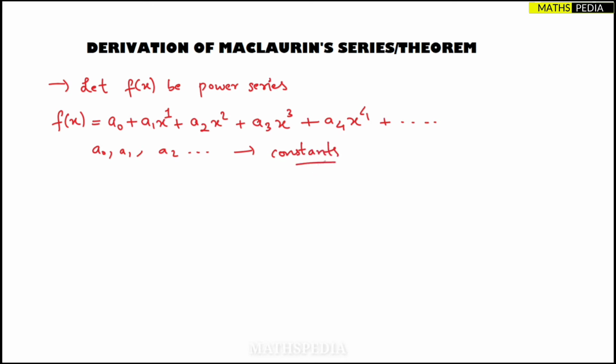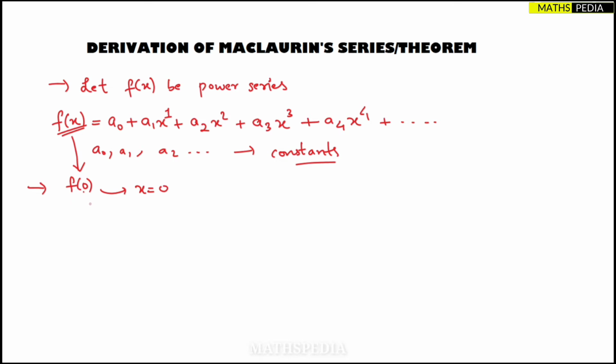Now we have to consider one case. What we are going to do, let us see. The second step is that we are going to find out f of 0. F of 0 means x value should be equal to 0. Correct? Here you can see this is f of x, function of x. This is f of 0.